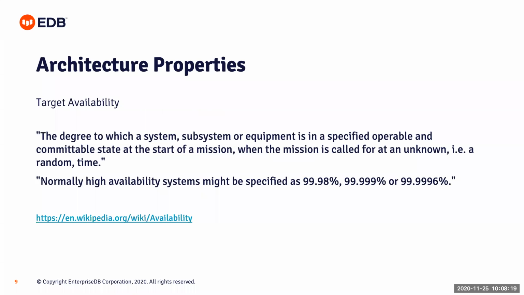And the last one, and the most well-known one, is the target availability. This is where we talk about the number of nines, so 99% uptime, 99.99% uptime, and so on. The degree to which a system is available, the amount of time the system has been available, measured across a month, a quarter, a year.